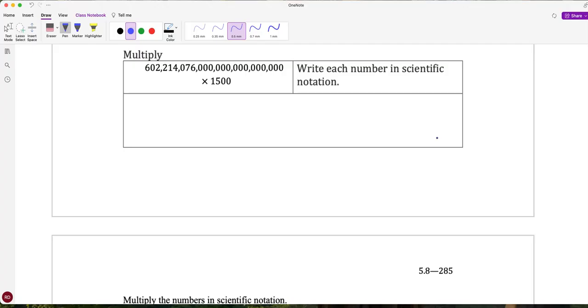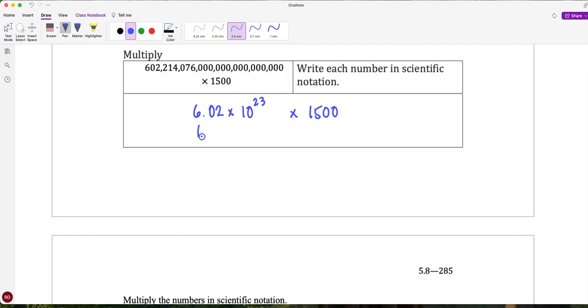Multiply these numbers. Now this is why we like scientific notation. Rather than multiply the large number we started out with, which was Avogadro's number, we can say this is 6.02 times 10 to the 23rd, okay? And I want to multiply that by 1500.